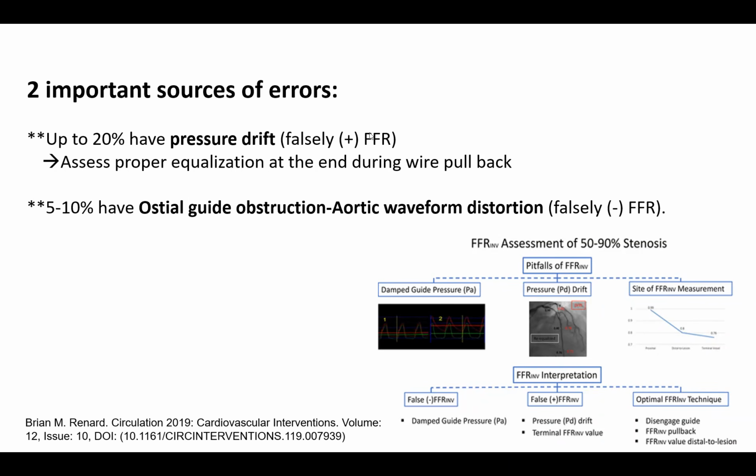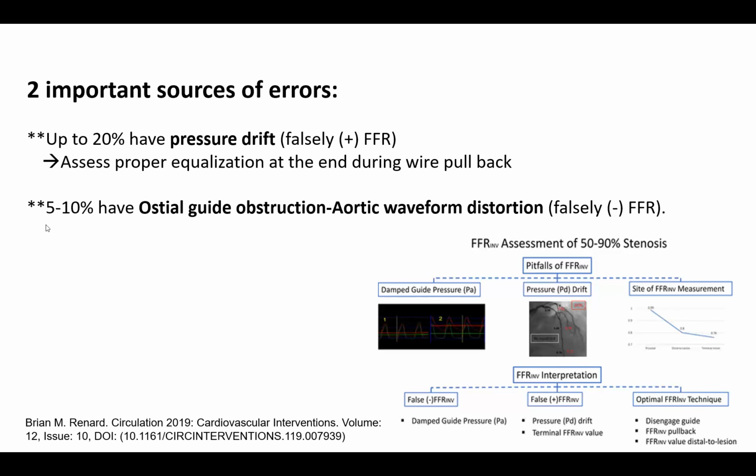Pressure drift tends to create a falsely positive FFR, meaning that it's the PD that tends to drift down, and that creates a falsely low FFR. Sometimes you can realize it, as I explained, by the fact that PD, which should be ventricularized, is no longer ventricularized.